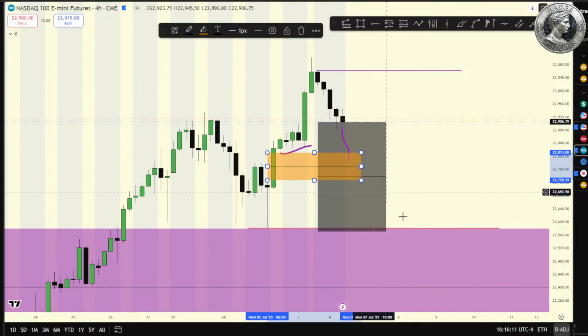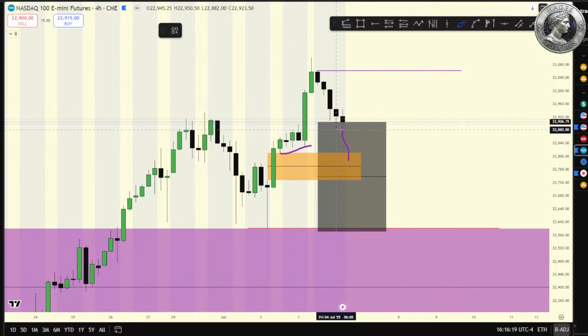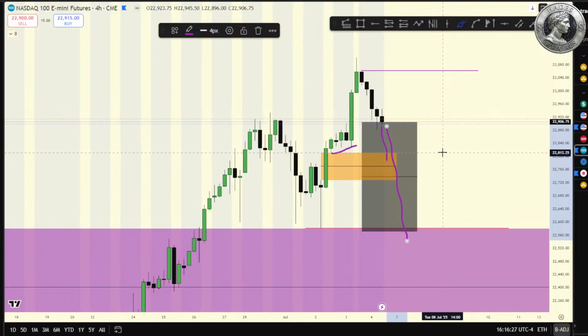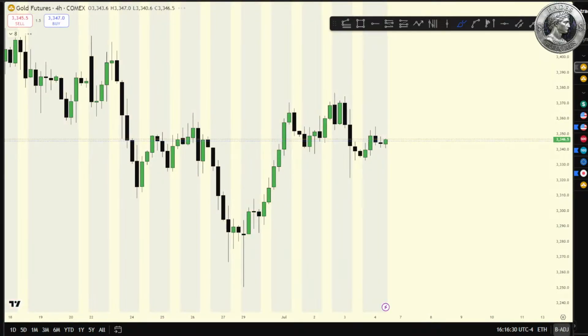I think the weekly gap is in play with the equal lows. I think we're gonna just dump straight through this one, but we will see. Let's see, gold.